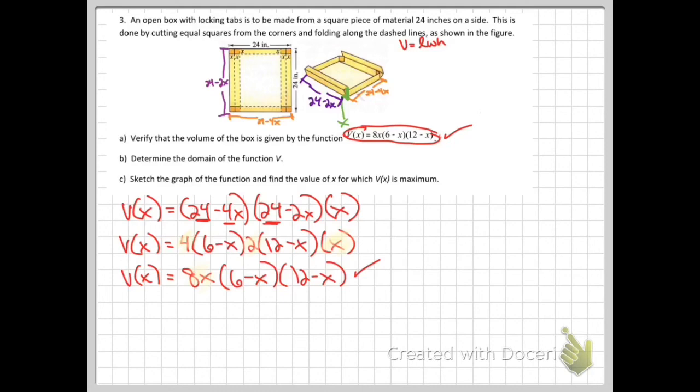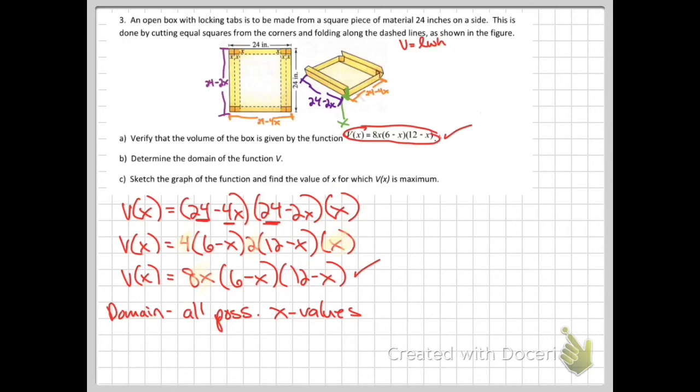Finally, domain. Domain is all the possible x values. But possible in this situation. So remember, in this situation, x represents a length, or a height if you want to be extra specific, but x is a length. So what's the smallest x could be so that this open box actually exists?